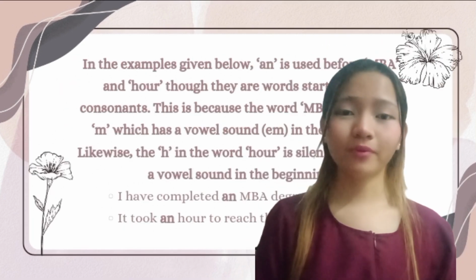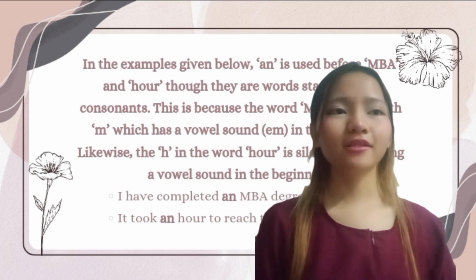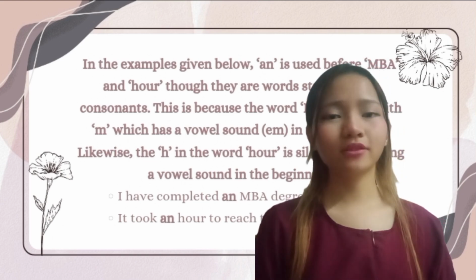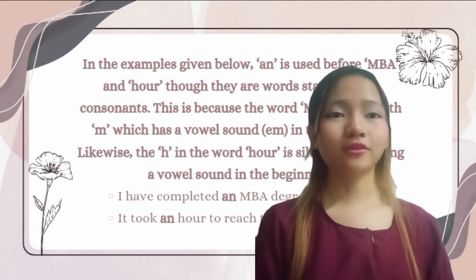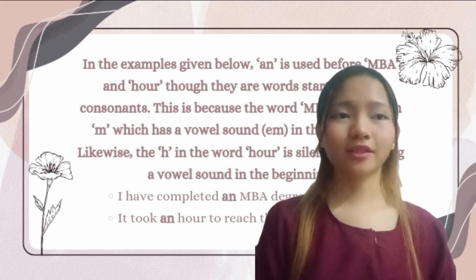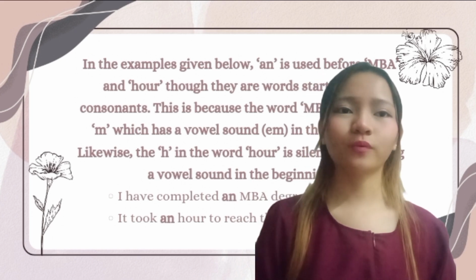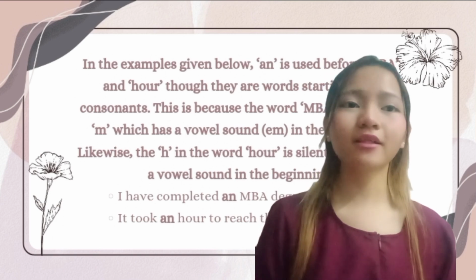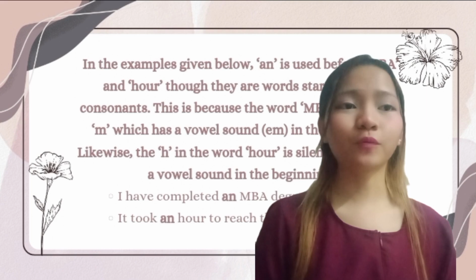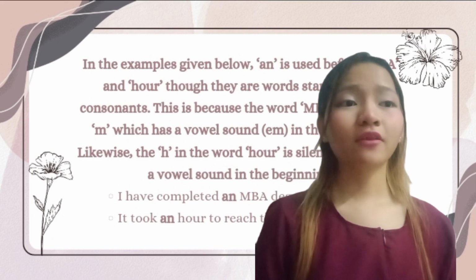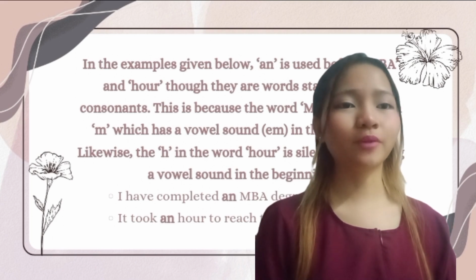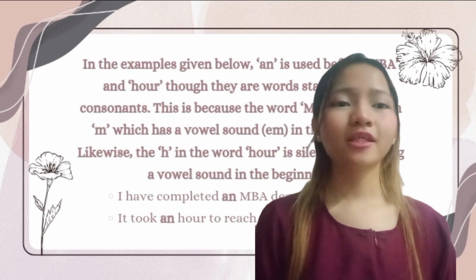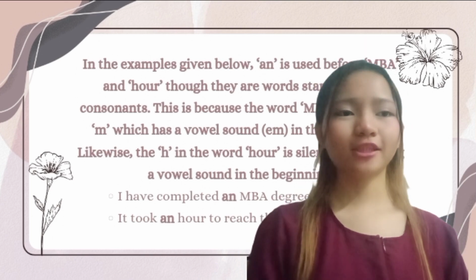So in the examples given below, an is used before MBA and hour, though they are words starting with consonants. This is because the word MBA starts with M, which has a vowel sound, an, at the beginning. Likewise, the H in the word hour is silent, thus having a vowel sound in the beginning. I have completed an MBA degree. I took an hour to reach the airport.